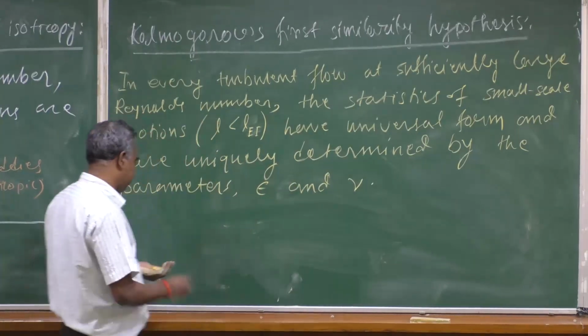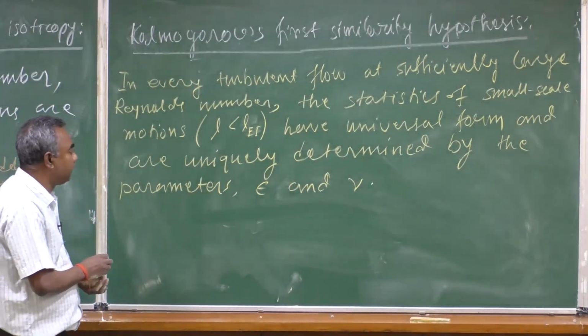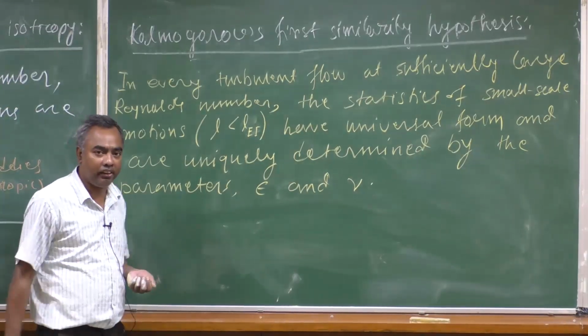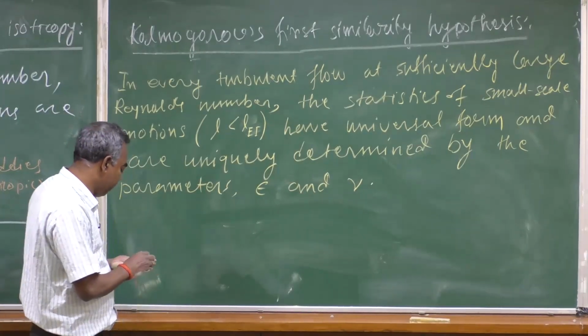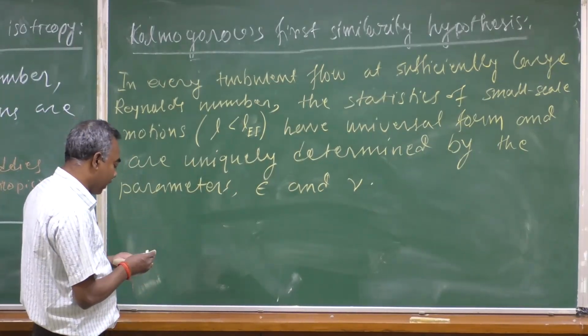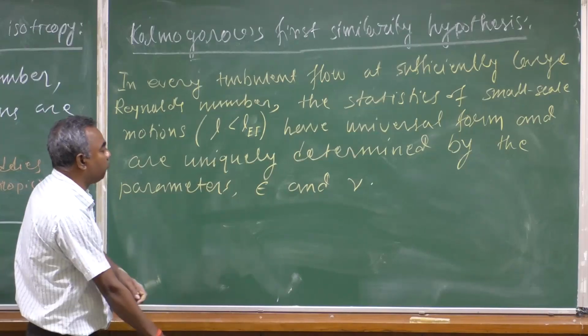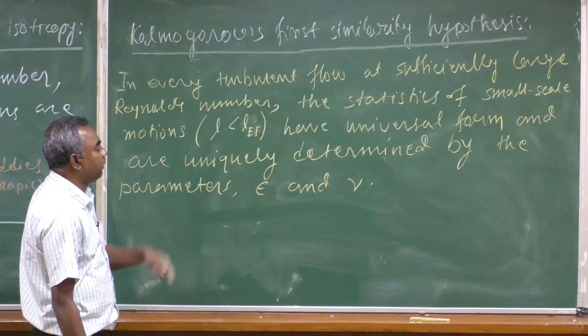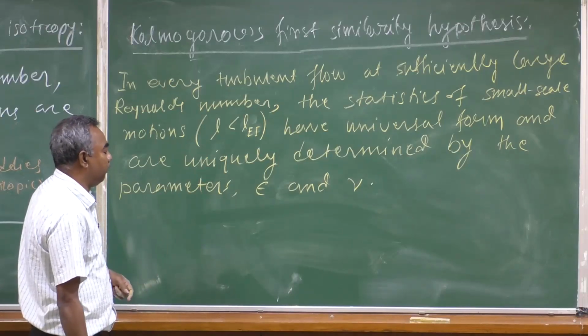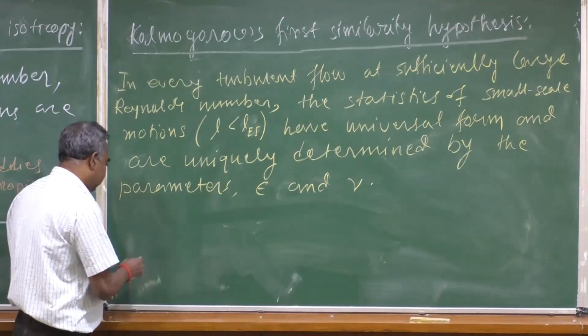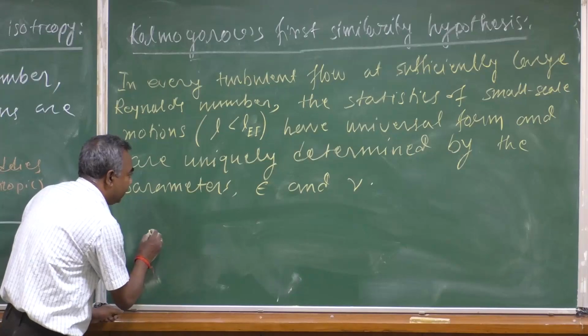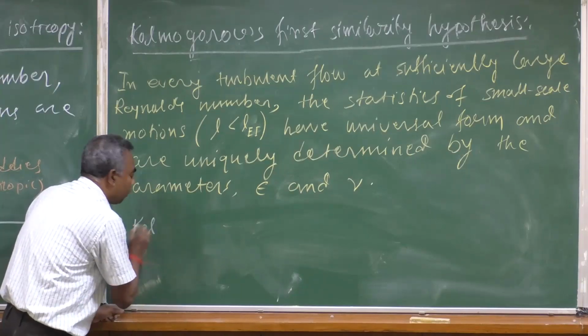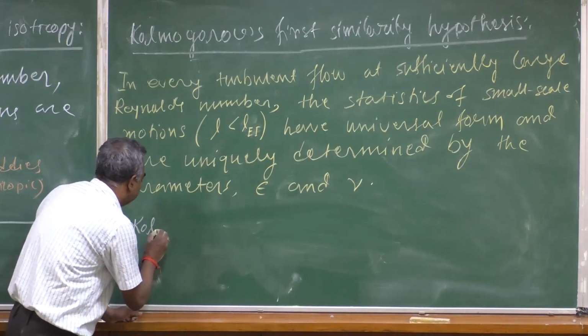Now, based on this hypothesis, there are two important identities which can be found, okay. First, using these two parameters we can define the scales, the velocity, length and time scale, and these are known as Kolmogorov scales, okay.